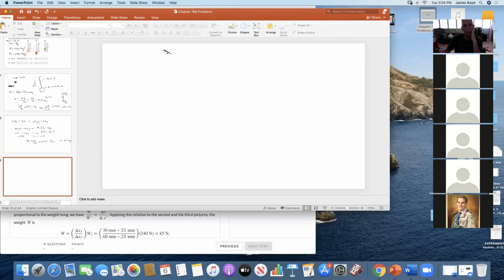If our equilibrium point of our spring is 23.07 millimeters, and we know that k is 6.5 newtons per millimeter, and we want to know what the weight is, so we want to know what mg is, we know that mg has to equal k of x minus x naught for this guy.